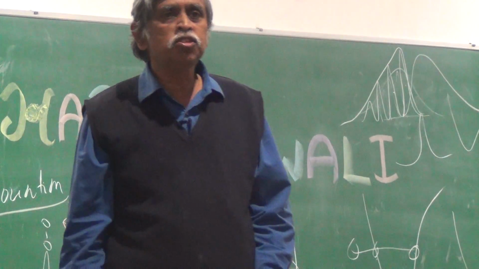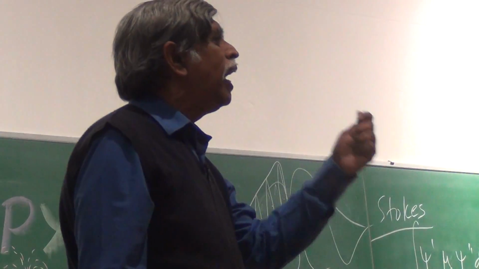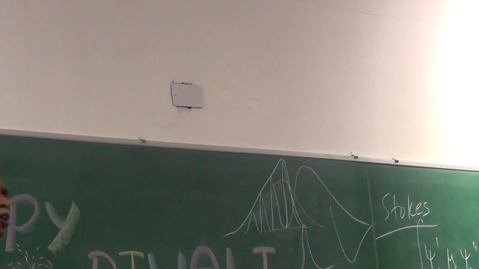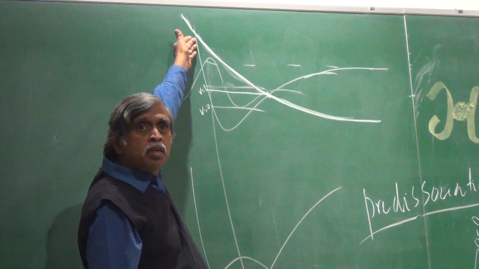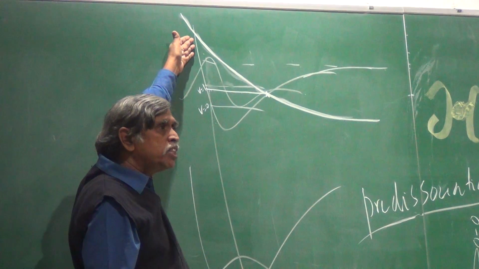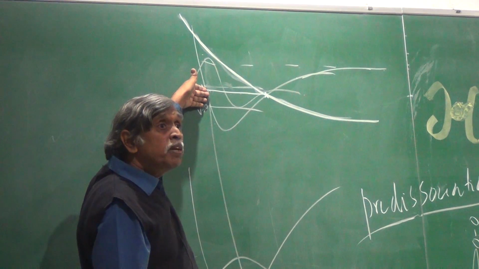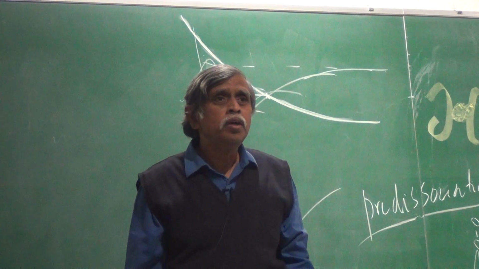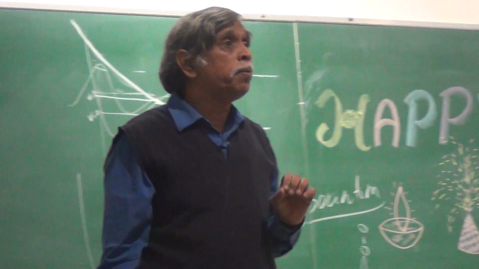Why is it called pre-dissociation? Because it dissociates ahead of time. Meaning, I really expected that molecule to dissociate only after I gave it this much of energy. But somehow it seems to be dissociating at an energy that is much lower than the limit I require to get to. And this is therefore called pre-dissociation.